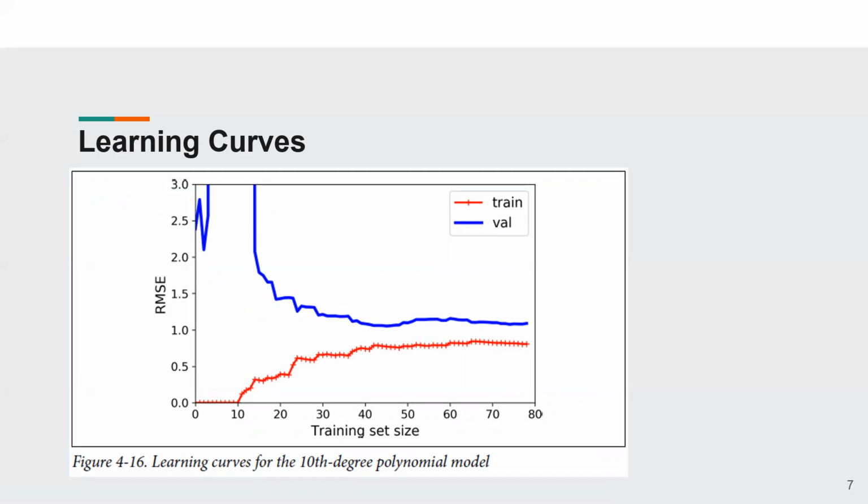Let's look at the learning curves for the 10th degree polynomial model. Now this one is giving us a slightly different story, right? One is the RMSE is smaller than what we saw in the previous slide, which was around 2.5. The second thing you'll find is that there is a gap between the validation set and the training set.